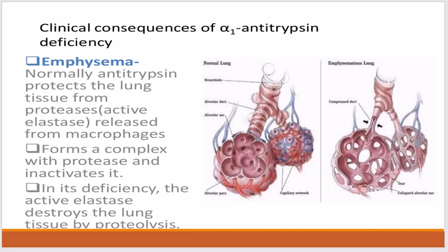Normally antitrypsin protects the lung tissue from protease. This is the active elastase which is released from the macrophages. Antitrypsin forms a complex with the protease and inactivates it. In its deficiency, the active elastase destroys the lung by proteolysis.